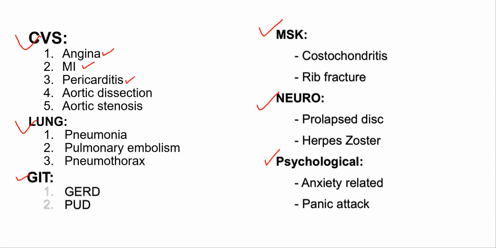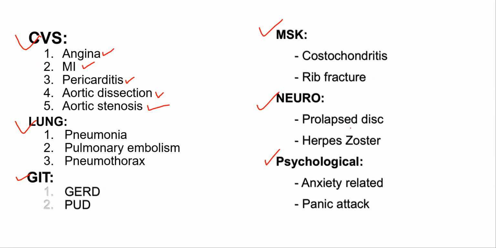It's important to rule out pericarditis. It's also an exam case. Aortic dissection and aortic stenosis can present with chest pain. Then we should rule out respiratory causes like pneumonia, pulmonary embolism, or pneumothorax. GIT causes like reflux or peptic ulcer disease. Then musculoskeletal causes could be costochondritis or rib fracture.